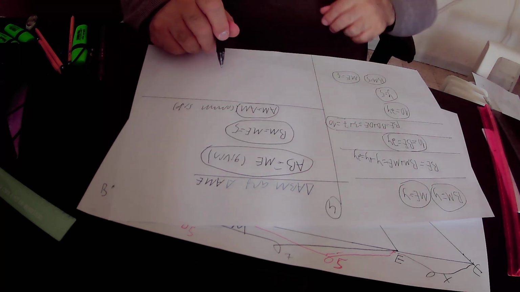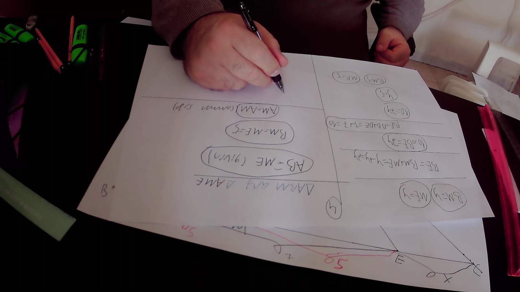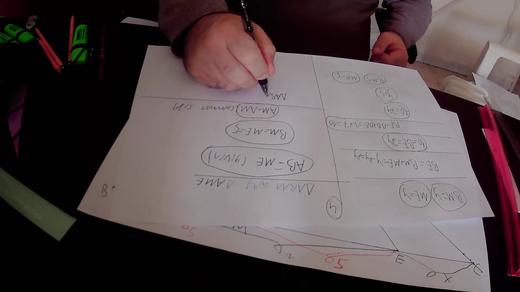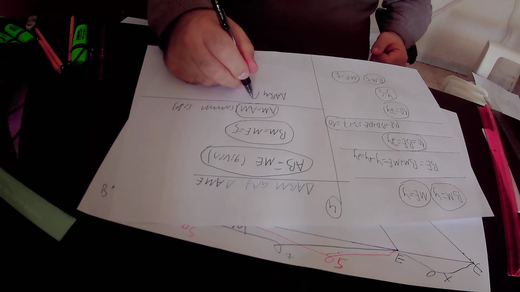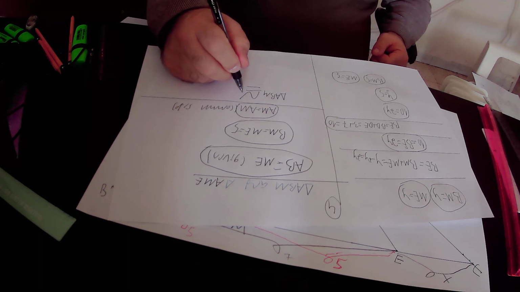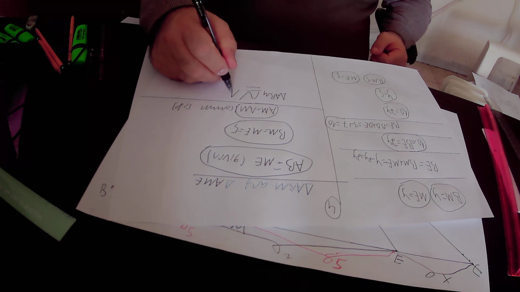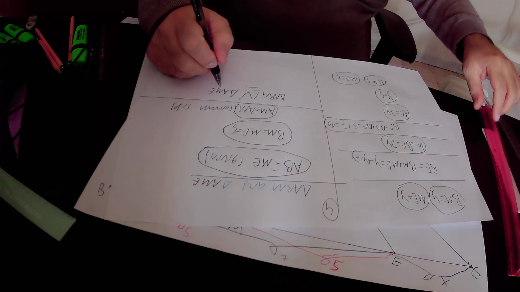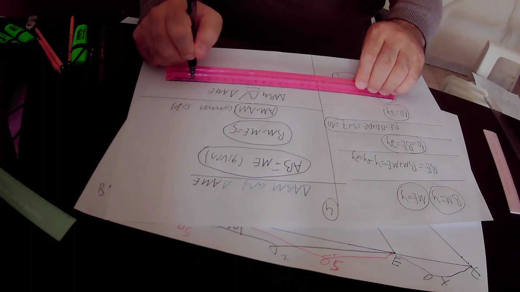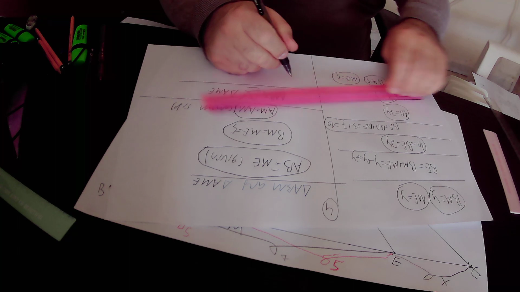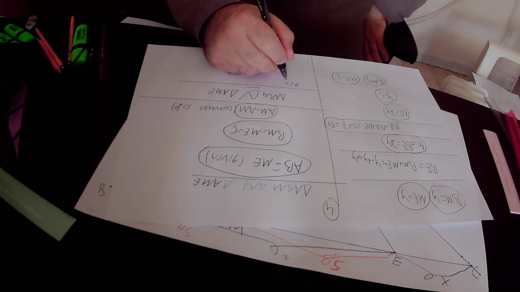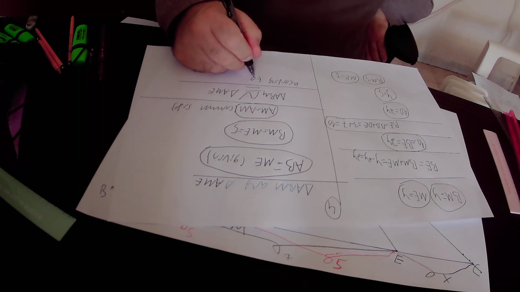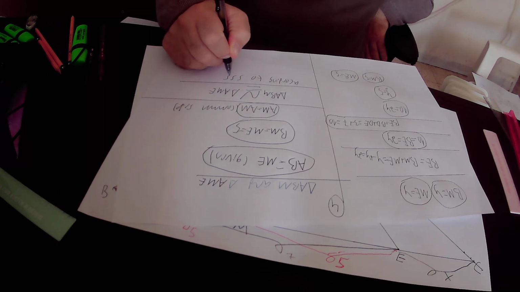So we actually proved that the right triangle ABM is congruent, this is the sign of congruent, to the right triangle AME, according to the side rule.